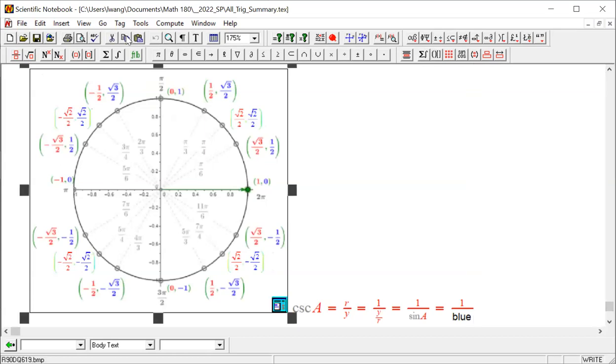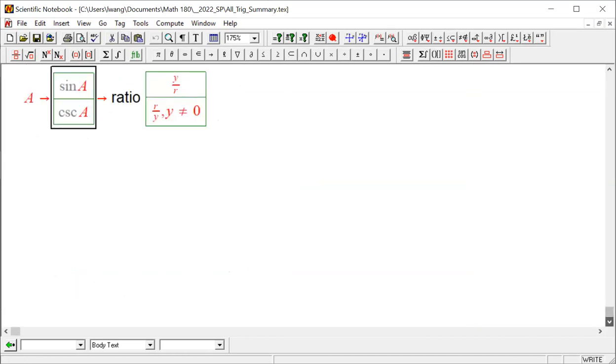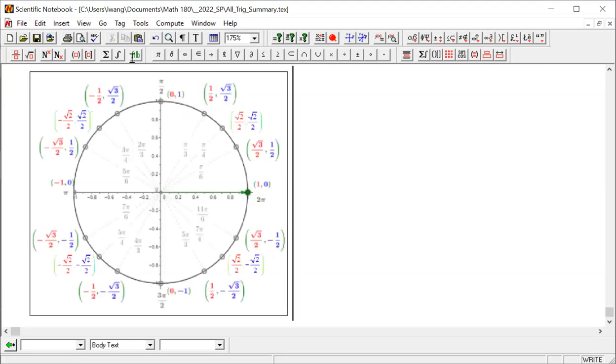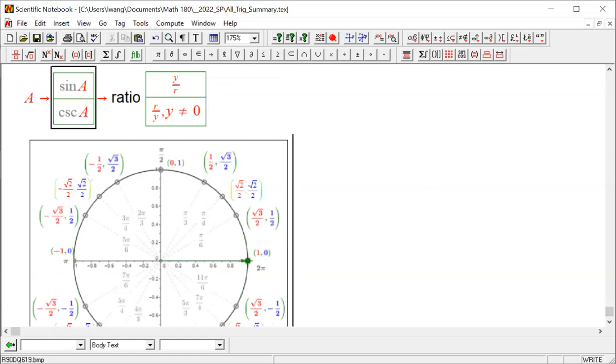So now if we make a table out of this, you can see, of course, this is just from the special values.